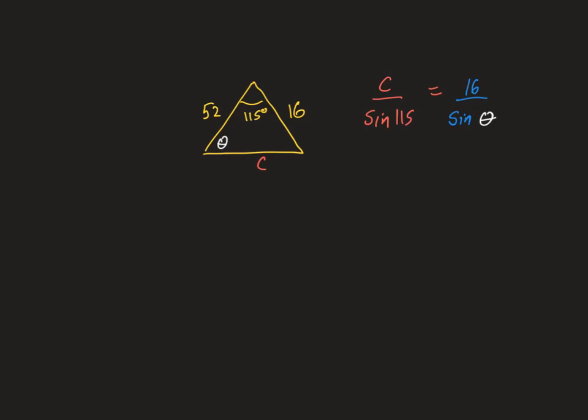In this case, I now have two variables I don't know how to solve for, and there's absolutely no way to solve it from here. So in this case, you cannot use sine law. Okay, so remember, you at least need to have one pairing that works, where the angle pairs up with the side.